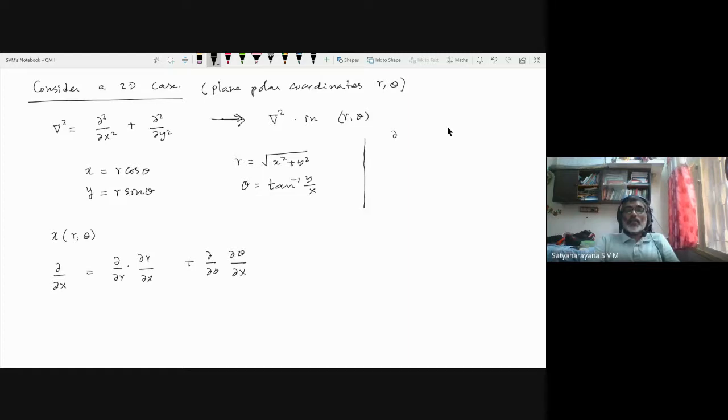So del r by del x is equal to 1 by 2 root of this into 2x. So 2 will cancel. So it is x by square root of x square plus y square, or I will simply call it x by r. But x is equal to r cos theta, so r will cancel. So this will simply be equal to cos theta. Similarly, del r by del y is equal to y by r, which is equal to sine theta.